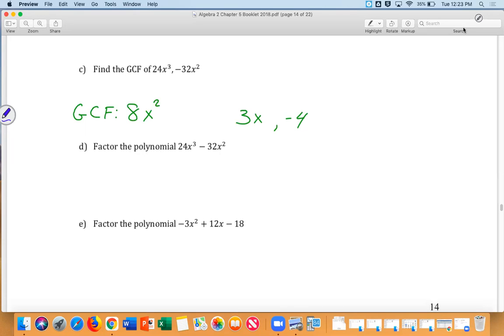There are occasions, and we will get to it, where you're going to want to factor out a negative because it's going to make your life easier. We'll talk about that when it comes. But when we're doing the GCF for this section, I only want you pulling out positive numbers. The cases where we pull out a negative number are where I'm going to factor what's left.